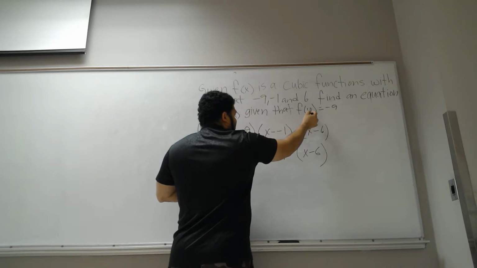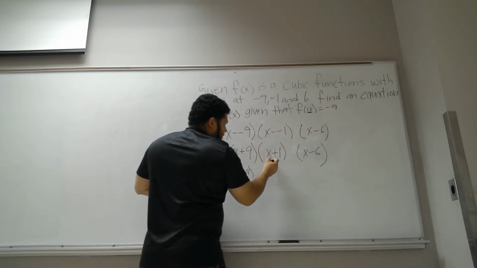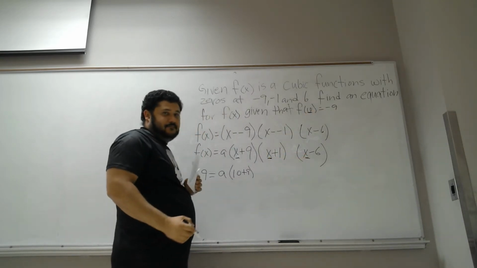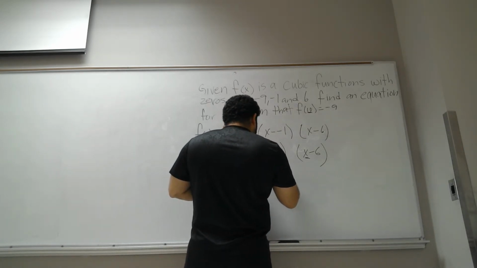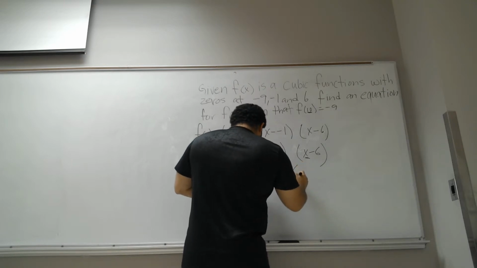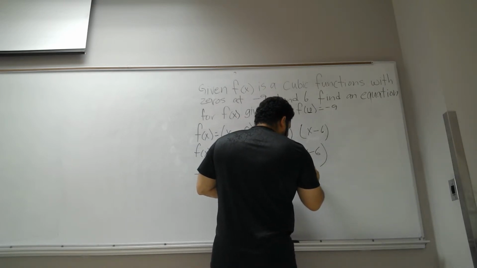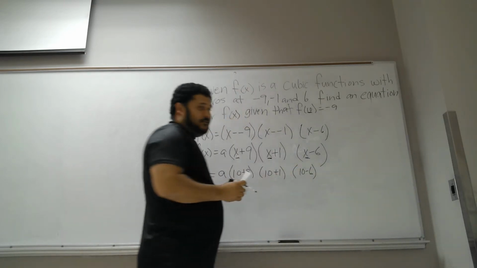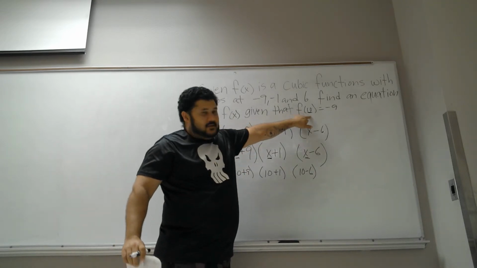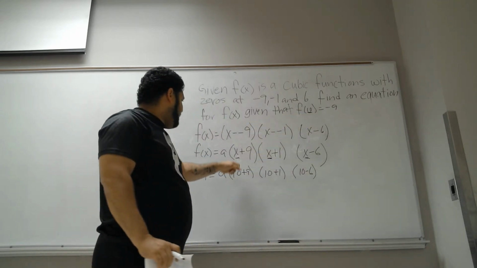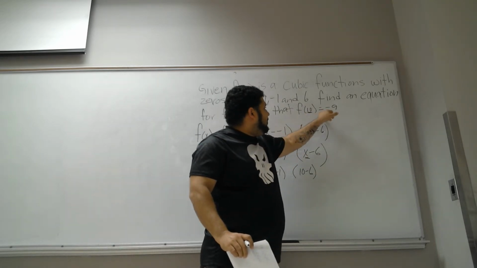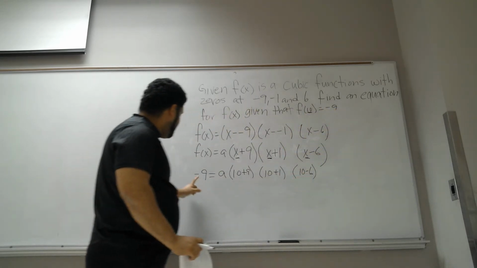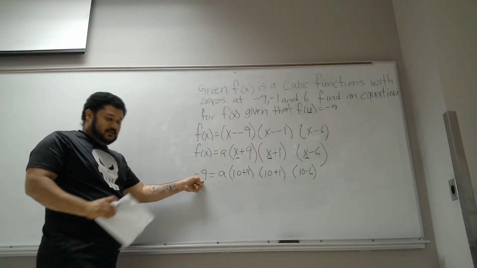So we got 10 plus 9, then 10 plus 1, and then 10 minus 6. And that will satisfy that f of 10 will be every single x in the problem, and f of 10 equals negative 9 will be on the other side.